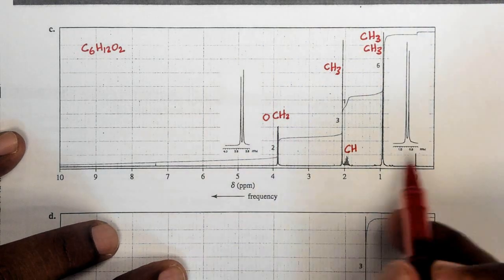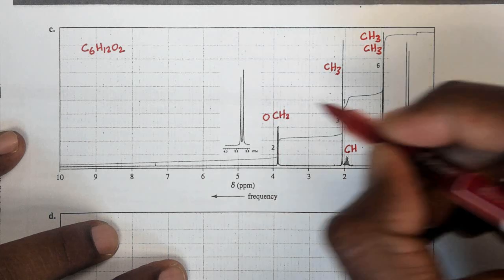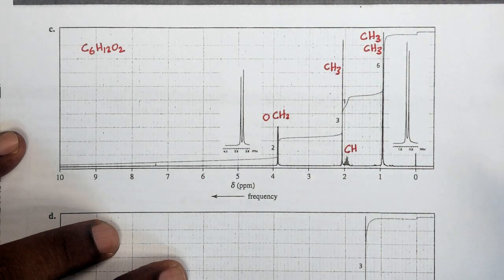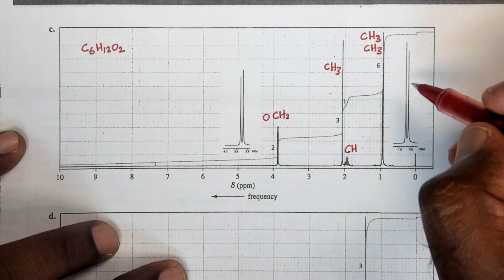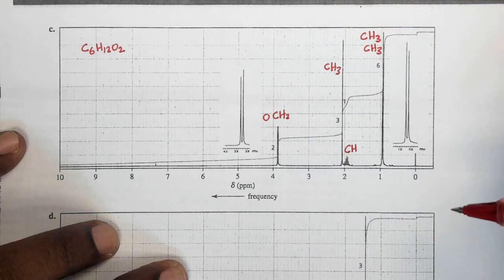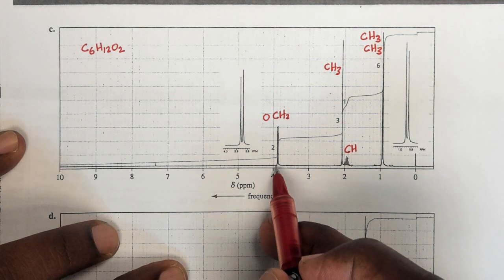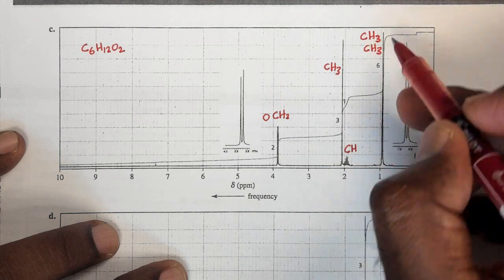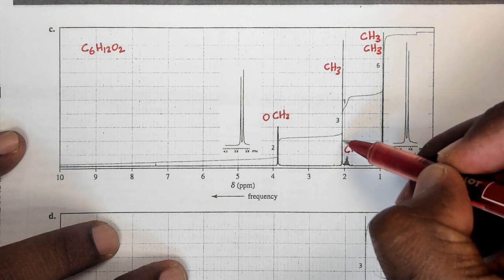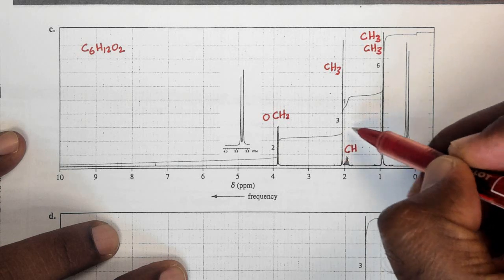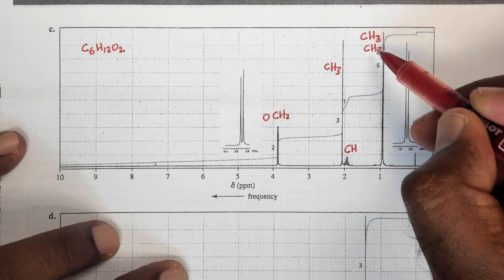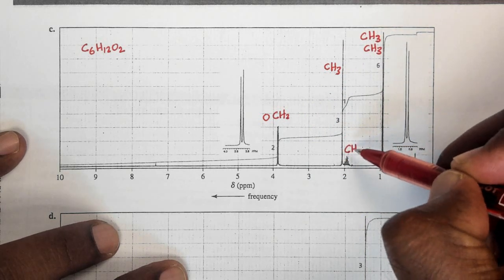So let's see how I can put this together, and I'm going to get some help from these two doublets. The first thing that I'm going to note is that in order to be a doublet, a group would need to be next to a CH group. And I've got two doublets here, a doublet for the CH2 and a doublet for the CH3s. The only CH group I have is the CH group that you see here, which means that both that grouping and these two methyls must all be joined to the CH group.